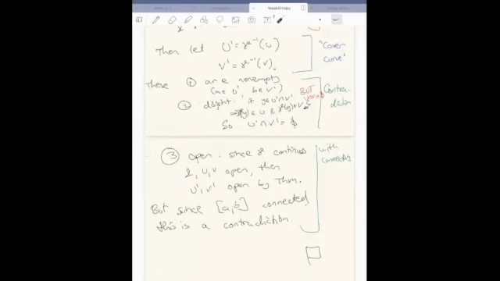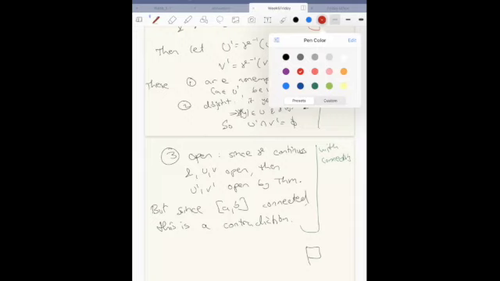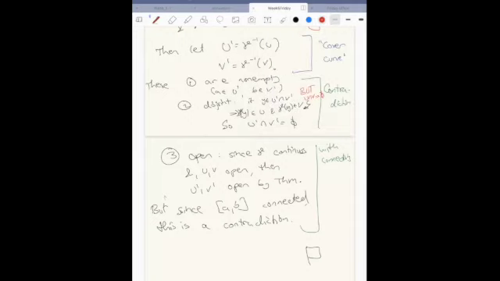We should also add this property that [a, b] is contained in U prime union V prime. And I'll just say to check this.